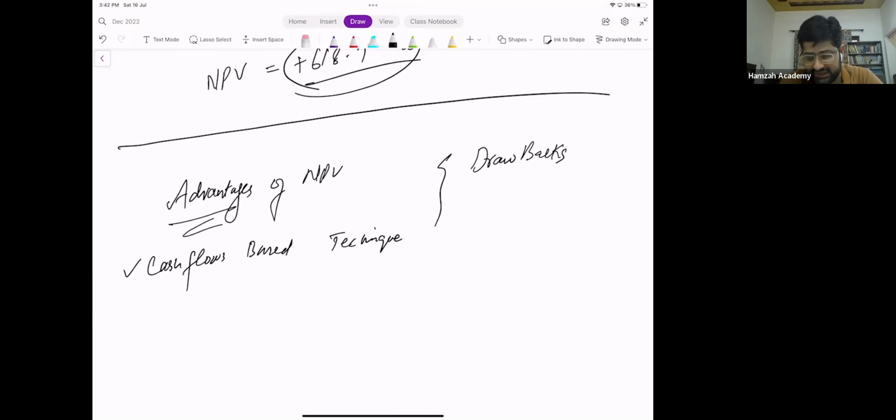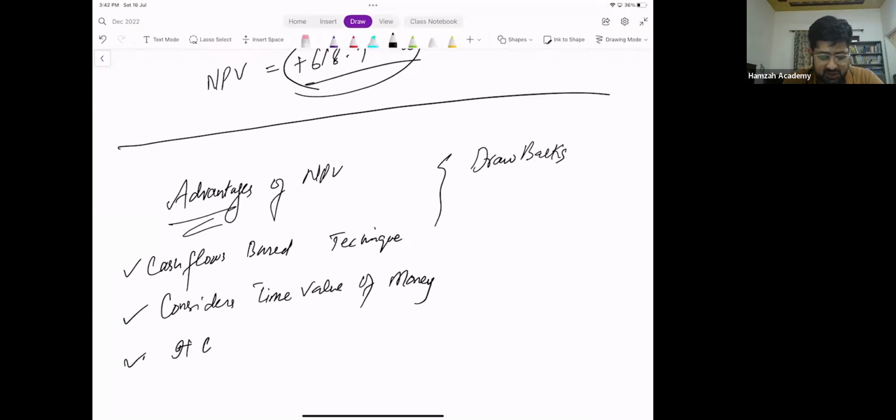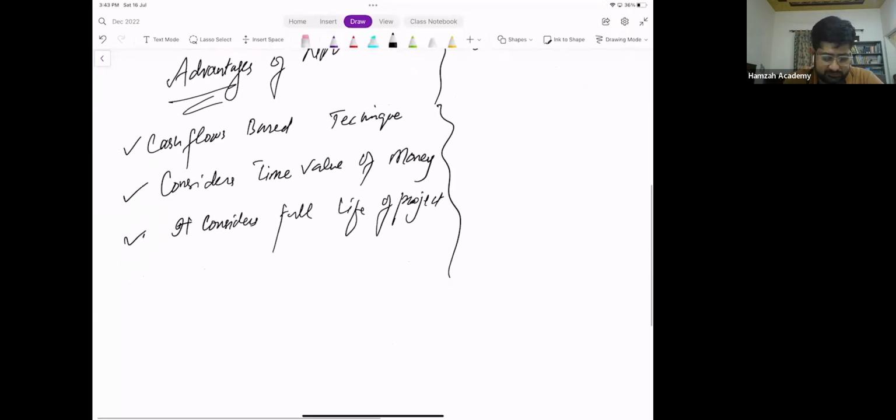Second, it utilizes cash flow. It considers time value of money. We do discounting in it. Third, it considers the full life of the project.